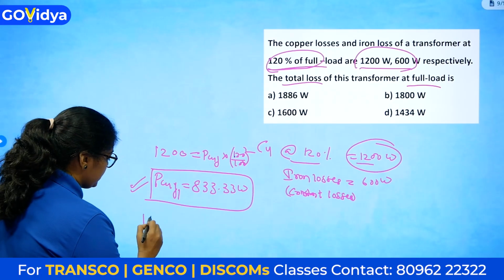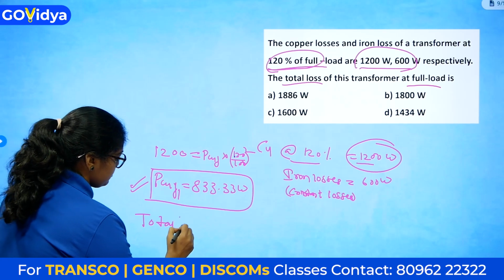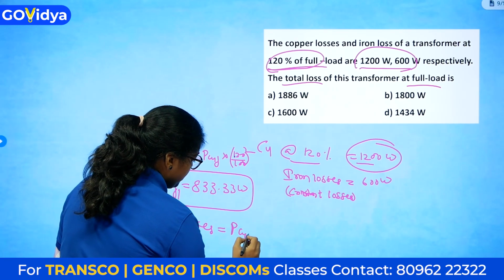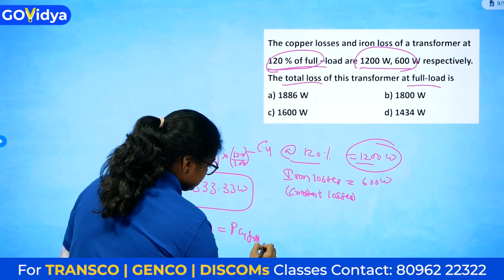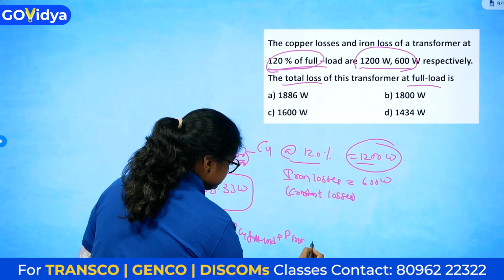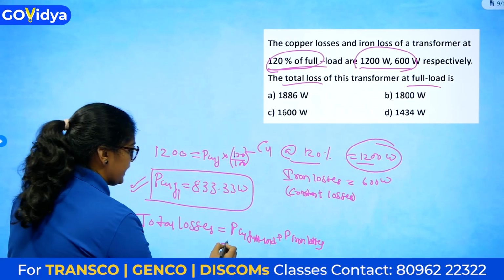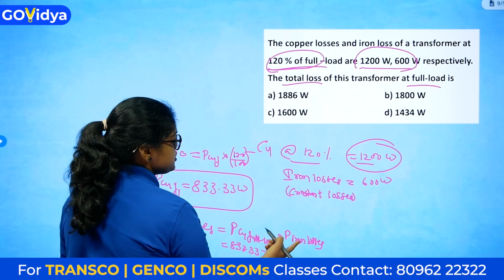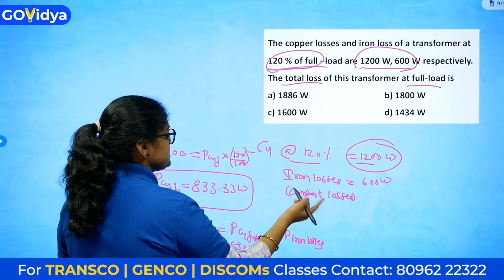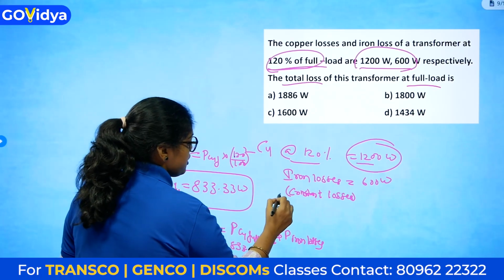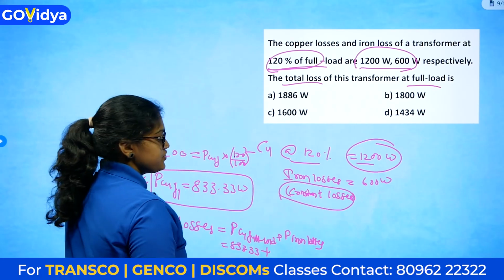So the total losses are nothing but the copper losses at full load plus iron losses. The full load copper loss we got is 833.33, plus the constant losses. Even at 120% or 100% or 60% or any percent, the iron losses do not change because iron losses are constant losses.